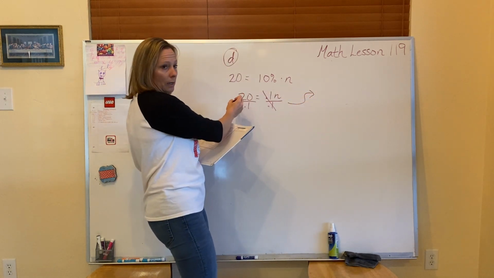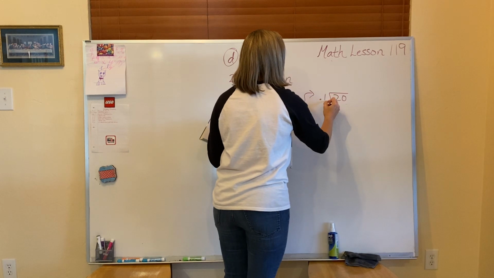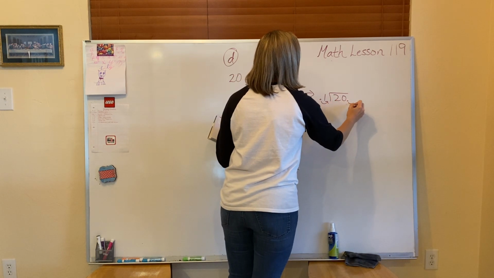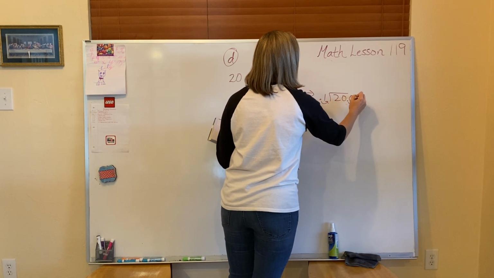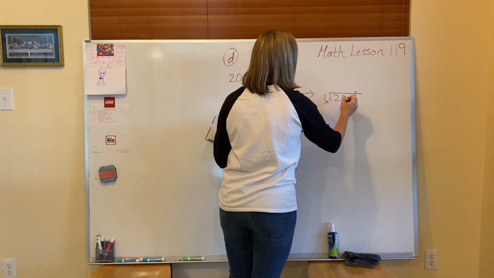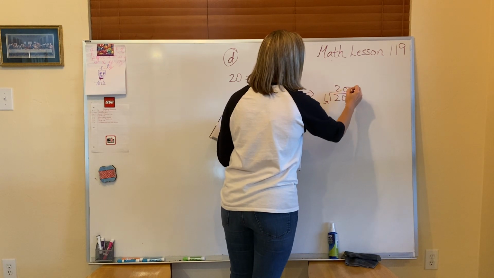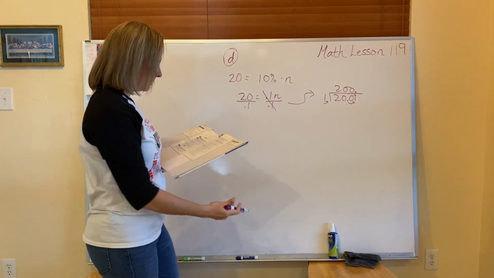So now we have 20 divided by 0.1. And we know we will just move our decimal over one spot. We end up with 1 goes into 200, right? We end up with 200.